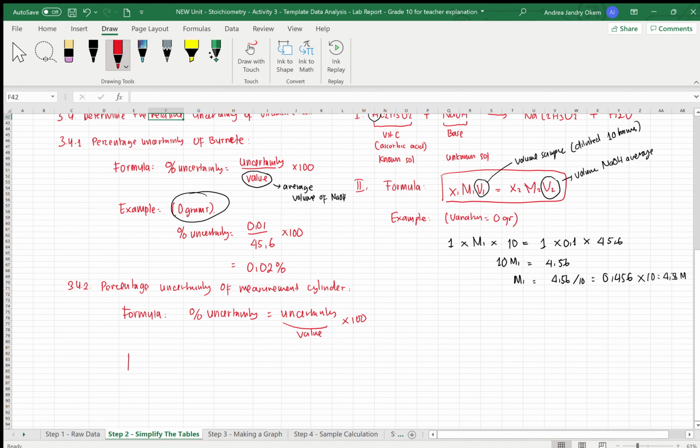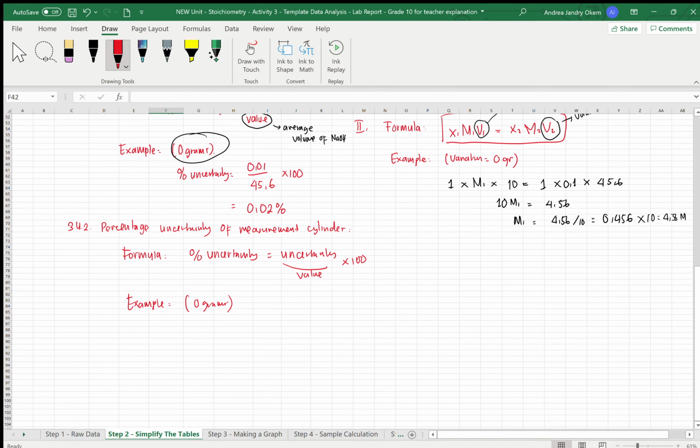Now, if we want to calculate the sample, we need to put the variation, 0 grams. Unfortunately, because we use the same volume of sample at the beginning, the variation doesn't affect the calculation.